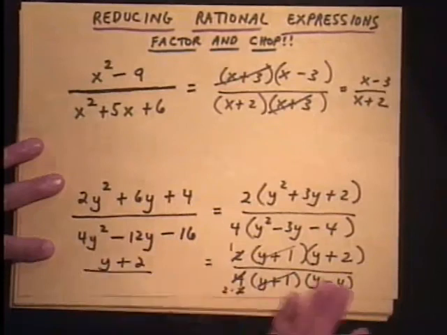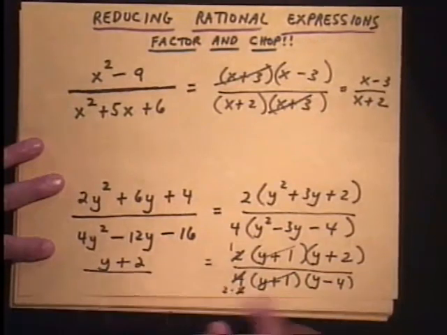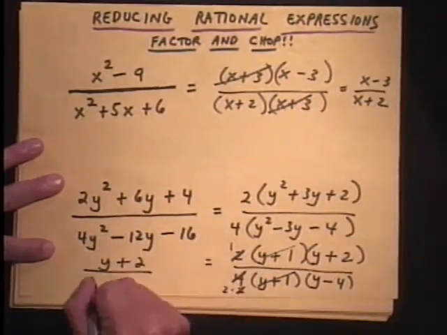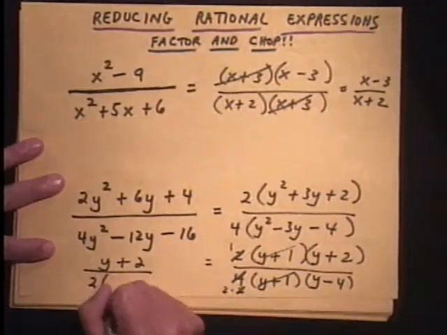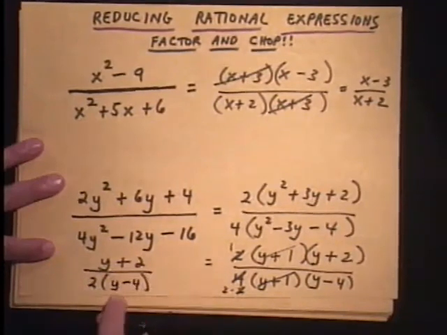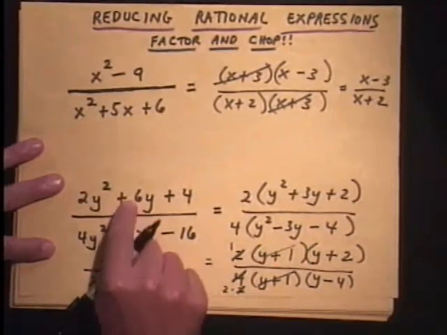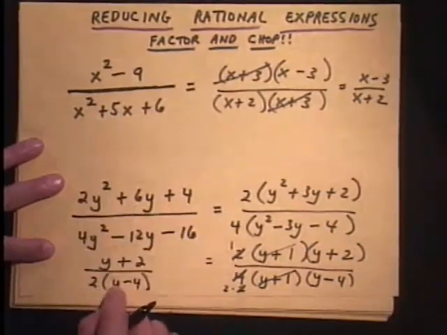Now the 1 we can just go ahead and throw out because 1 times anything is itself, over, don't forget this 2 down here though, because when we cross cancel the 2/4, we got 1/2. That 2 is down there in the denominator times what's left when the smoke clears, which is y minus 4. All right, so this is the reduced fractional answer to that.